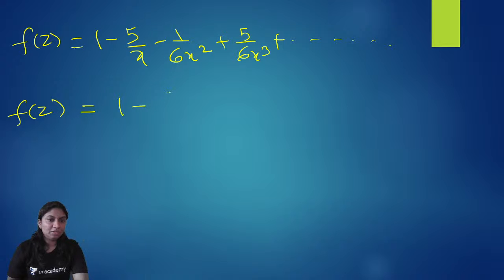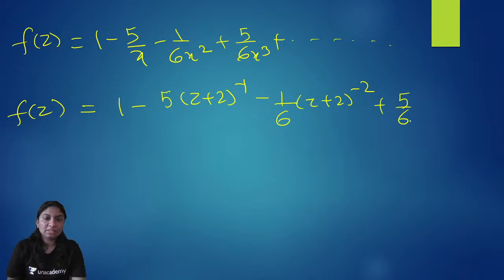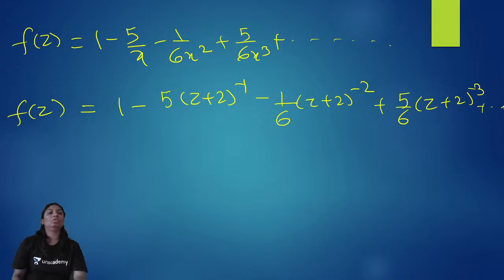That is, 5 upon z plus 2 means 5 into (z plus 2) raised to minus 1, minus 1 by 6 into (z plus 2) raised to minus 2, plus 5 by 6 into (z plus 2) raised to minus 3. The Laurent series.